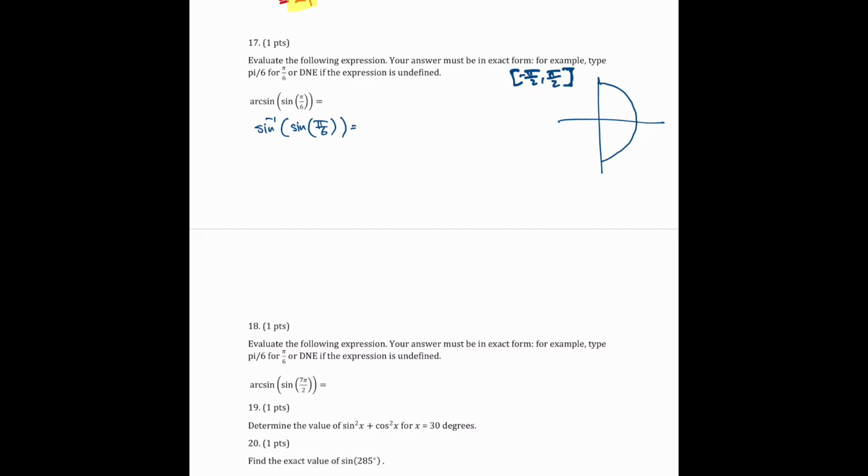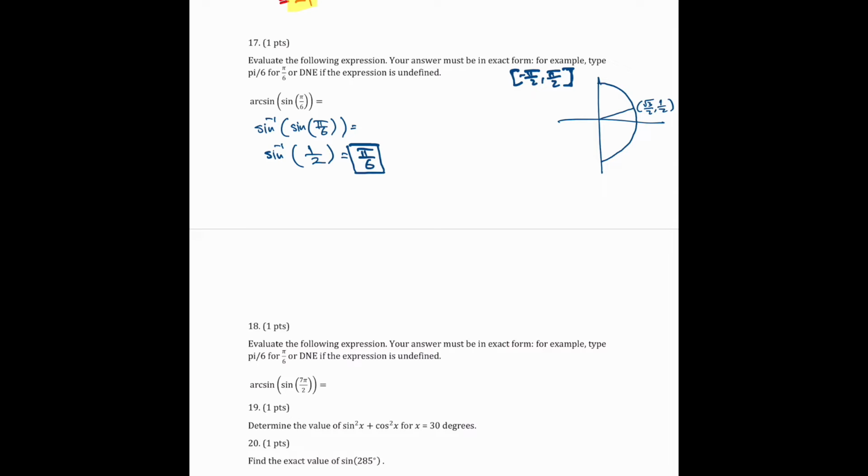So sine pi over 6, pi over 6 is right here, sine pi over 6 is equal to 1/2. So this becomes inverse sine of 1/2. The angle that gives a sine of 1/2 is pi over 6. And that is the answer.